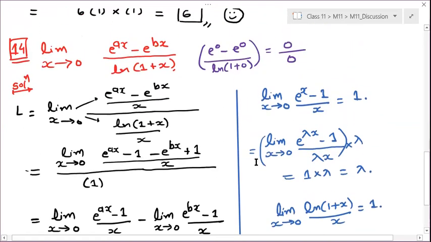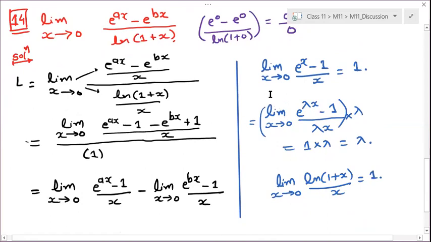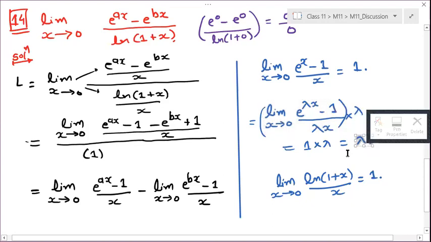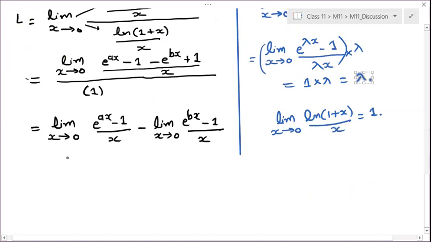So yes, from here if I simplify, or I can directly remember the limit x tends to 0, e to the power lambda x minus 1 by x, it will give me lambda. Okay, because I have to divide and multiply with lambda. So if I divide and multiply here with a, it will give me a, or you can directly remember its answer a. So I'm dividing with a and I'm multiplying with a over here.